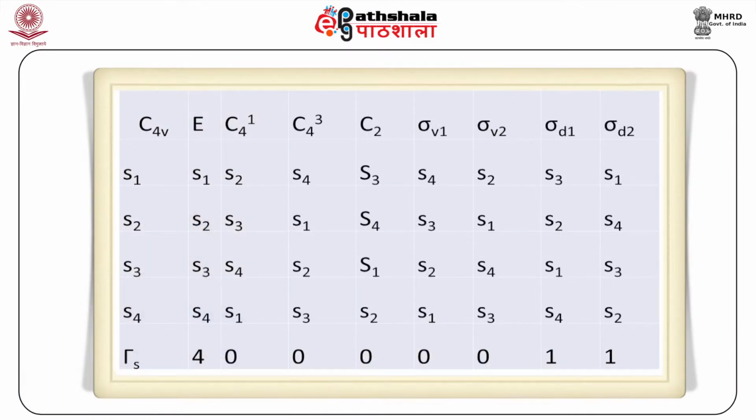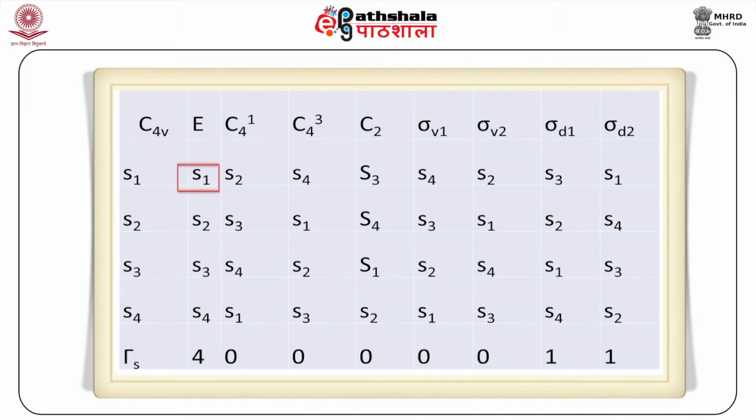The effect of transformation operators corresponding to symmetry operations of the C4V point group on the 4 functions S1, S2, S3, S4 is summarized in the table. Let us take the S1 function and see the various symmetry operations.